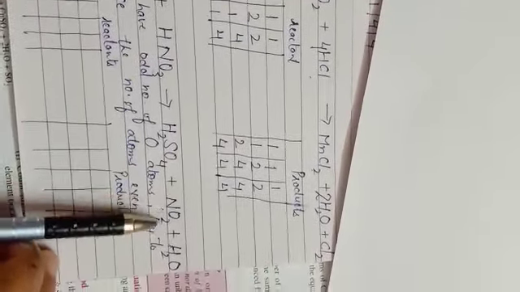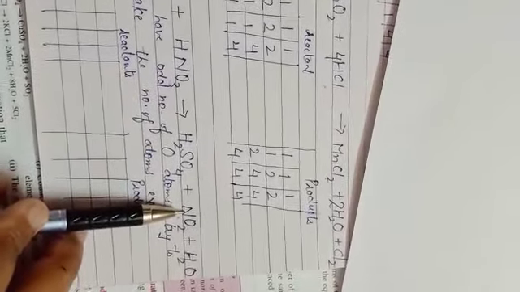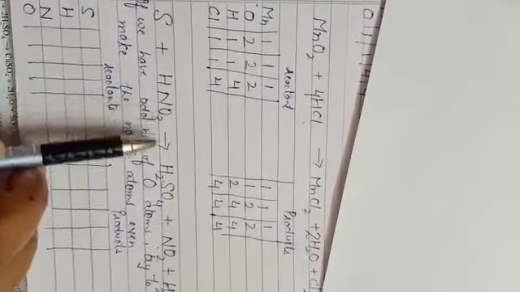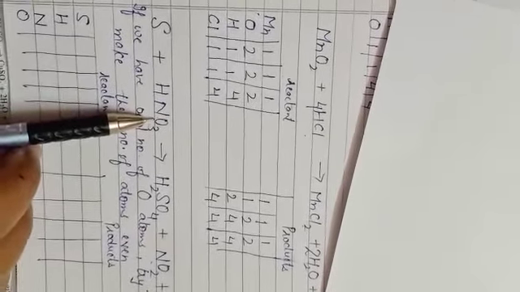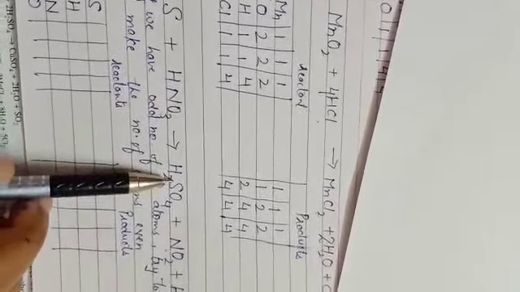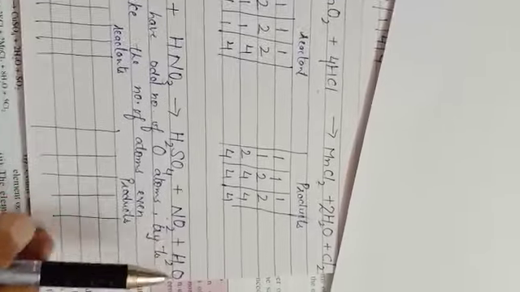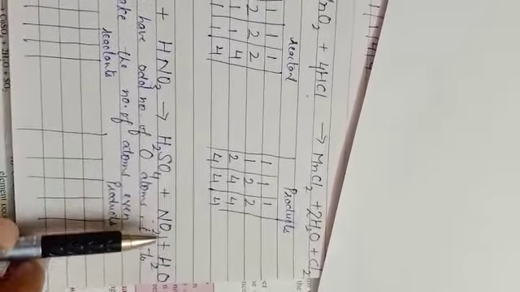this side oxygen atoms are 4 plus 2 6 plus 1 7. So on both sides, this side the number of atoms is 3 and this side the number of atoms is 7. So if there is such an element whose number of atoms is odd on both sides, then try to make that number of atoms even.